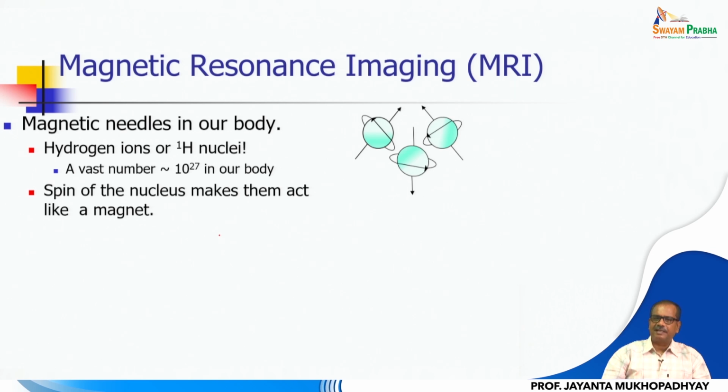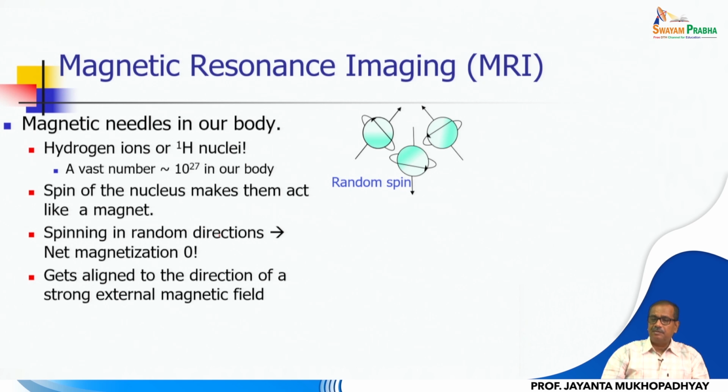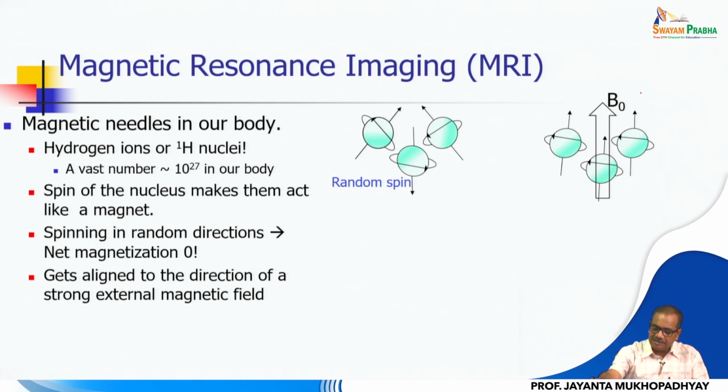Spin here is a kind of rotation of the nucleus, and it has a directionality, and that gives you the direction of magnetization. But since it is random, the net magnetization is 0. You have random spin, but in the presence of an external magnetic field, they get aligned, and then there is a net magnetization.